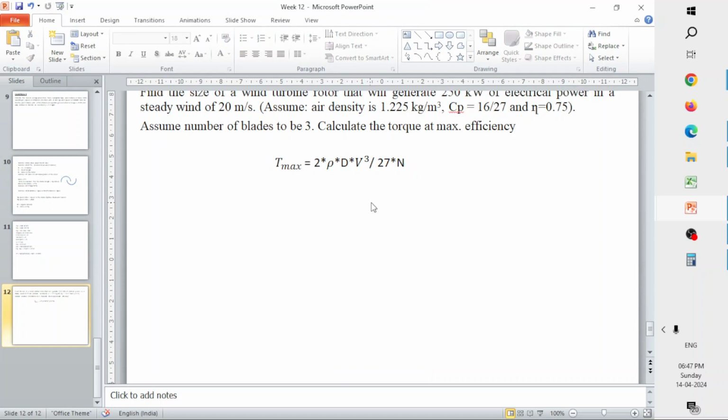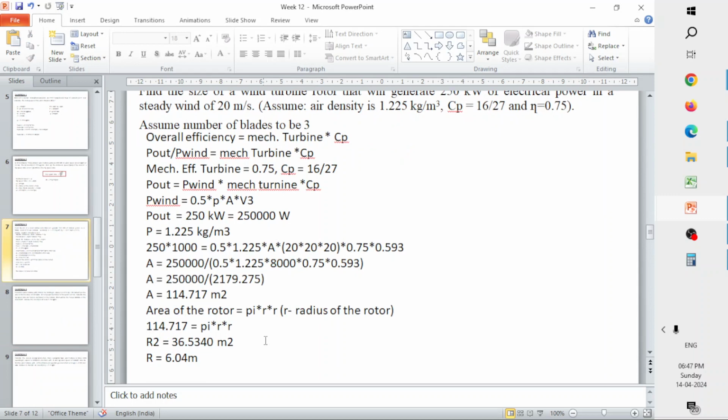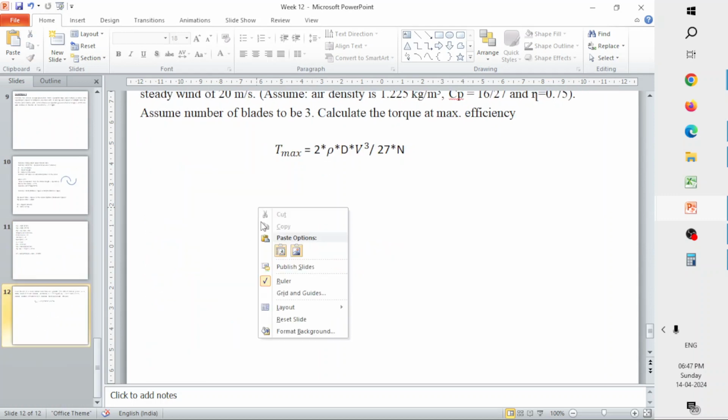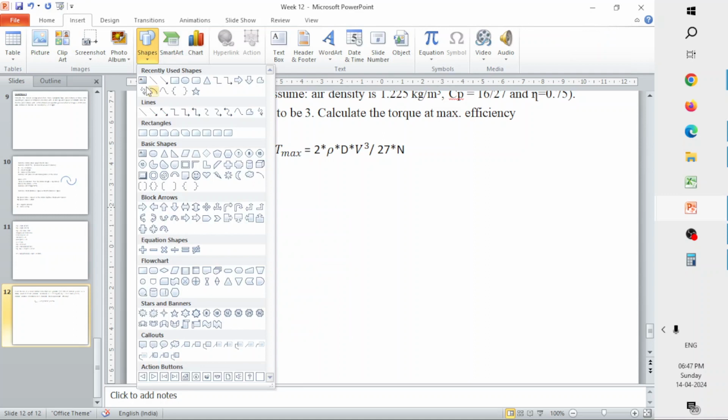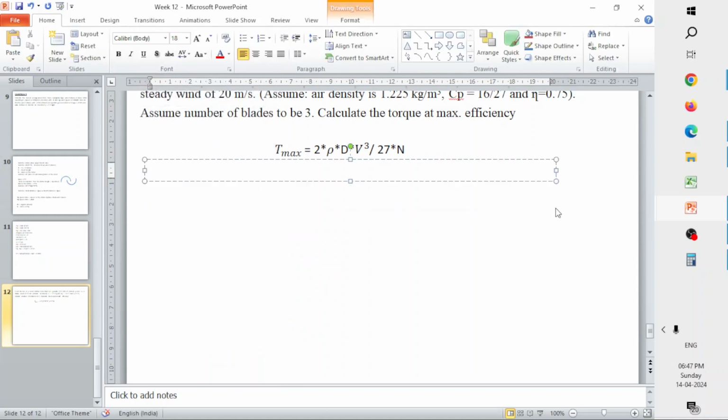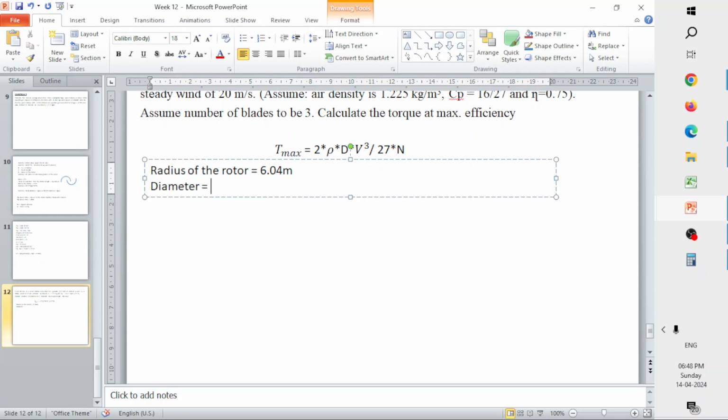So you have the value of rho, which is the density of your air. D, that we have actually calculated now. We got the radius of the rotor as 6.04 meters, so the diameter will be this times 2, which is 12.08 meter.